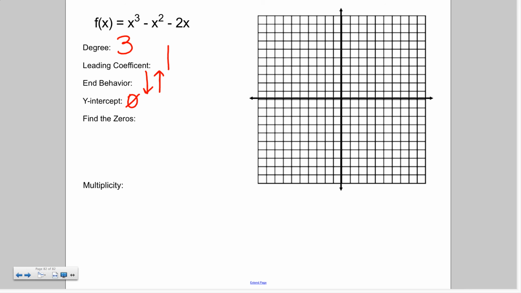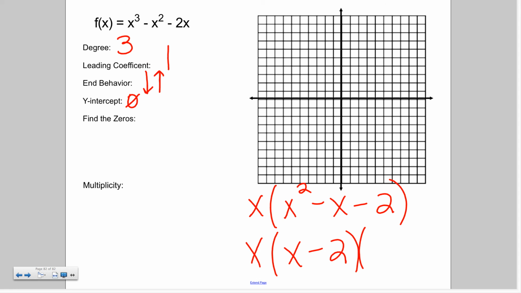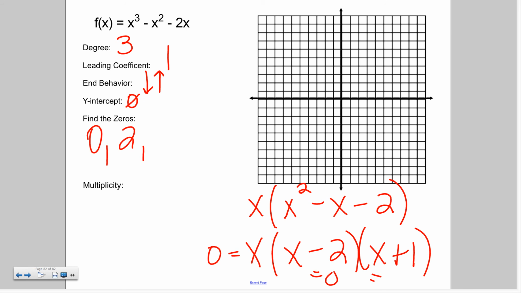My zeros are my x-intercepts. If I factor out an x, I get a 0 from this one, so that set equals 0. Set this one equal to 0, and I get 2. That one equal to 0, and I get -1.